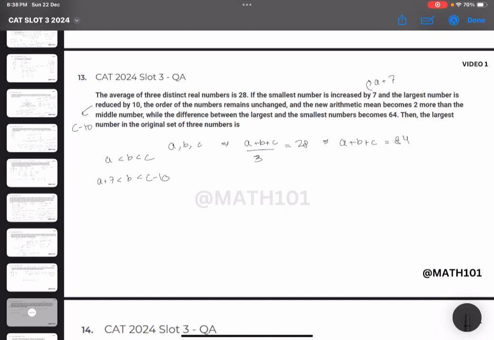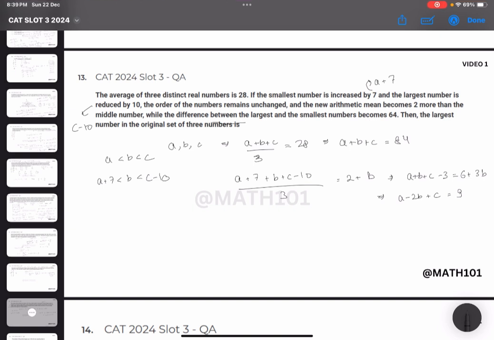And the new arithmetic mean becomes 2 more than the middle number, so (a plus 7 plus b plus c minus 10) upon 3 is equal to 2 plus b, which implies that a plus b plus c plus 7 minus 10 is equal to 6 plus 3b, which implies a minus 2b plus c equals 9.